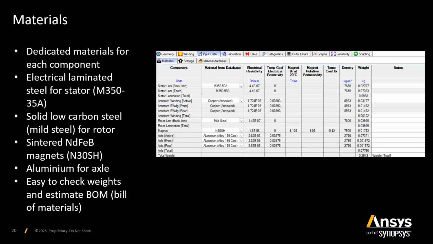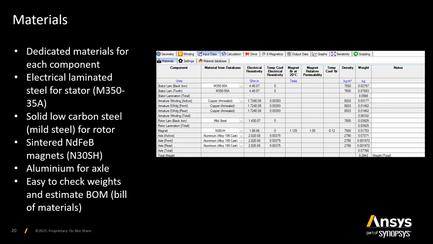Materials. A few points to highlight. As in most other machines, we deal with laminated electrical steel, but only for the stator. The stator in this case makes use of a standard silicon iron non-oriented steel, M350-35A, which is 0.35 millimeter thickness standard electrical steel.